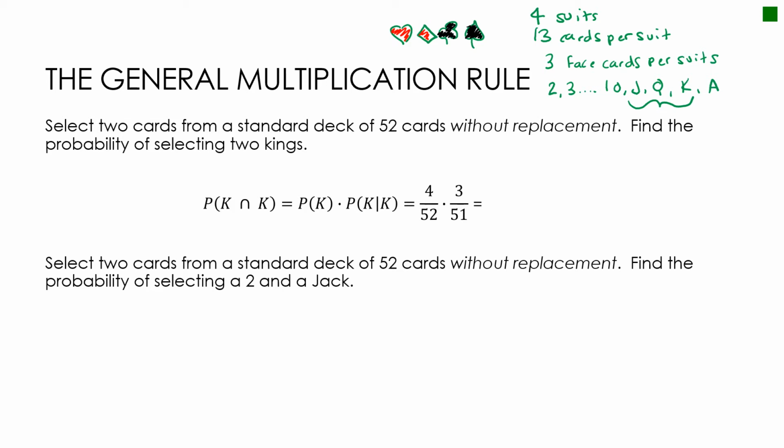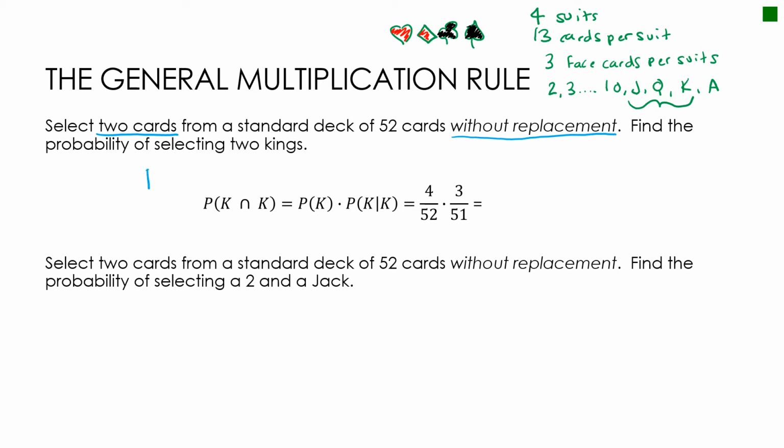Let's look at probability. I'm selecting 2 cards at random from a standard deck of cards without replacement. And without replacement just says I'm going to take the first card out and I'm not putting it back in the deck before I pick the next card. So what is the probability that I select 2 kings?